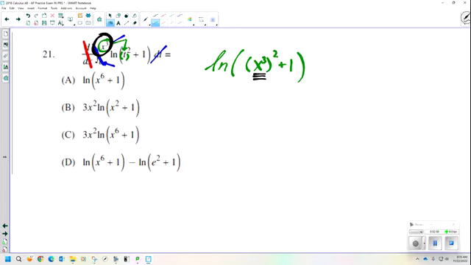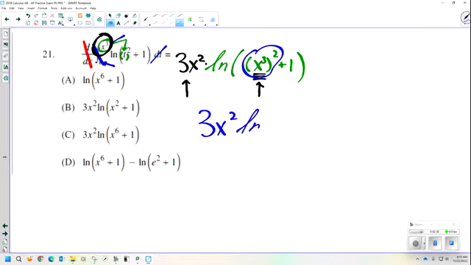It's like the chain rule. The derivative of x cubed is 3x squared. Now, I don't see anything below that has x cubed squared. So why don't we just simplify this part here? 3x squared, the ln of x to the 6th plus 1. Choice C. Boom. Great problem to start with.